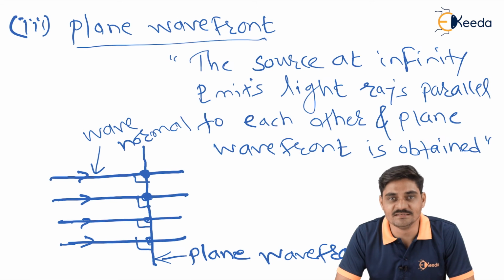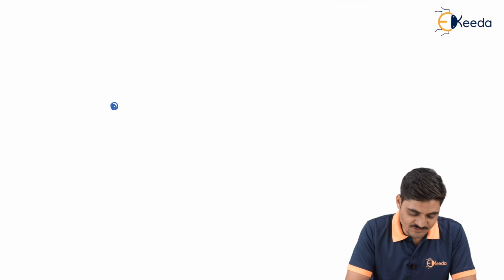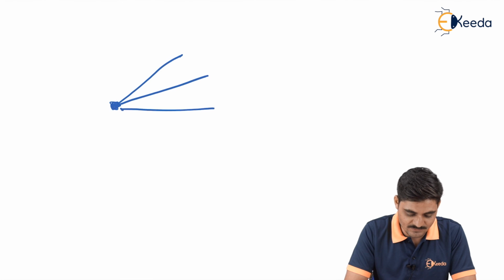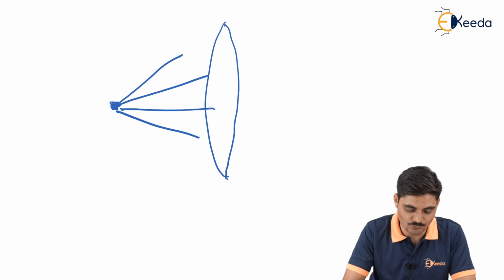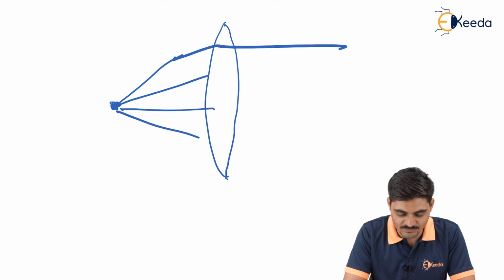And in practical life, how do we obtain a source at infinity? We take some source which can emit light and pass that light through a lens.